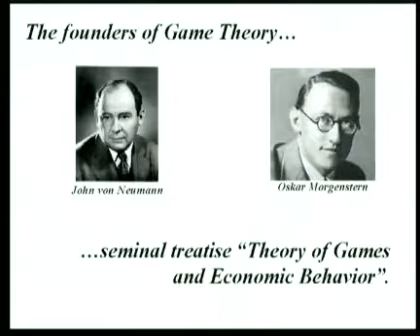And they wrote the seminal treatise on game theory, The Theory of Games and Economic Behavior. I brought that text along, just like I brought that multi-objective criteria decision analysis text. This is the seminal text on game theory. Again, a fairly voluminous text with over 700 pages in it, most of which is fairly sophisticated mathematics.